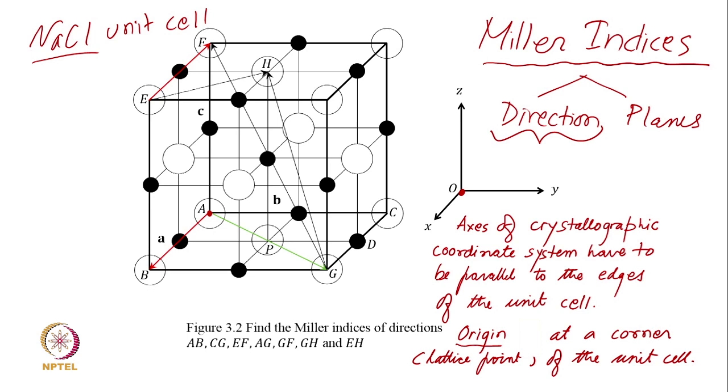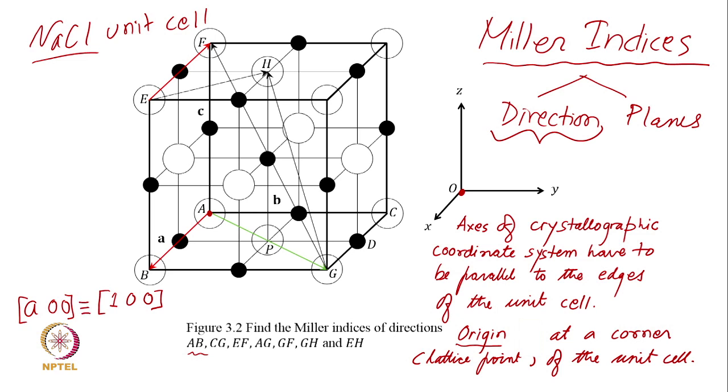So, when I come to figure out the AB direction, then I choose A as origin. If I choose A as origin, then my direction AB is along a. So, the vector AB is 1 0 0. Okay, it is a 0 0 if you want, but we have already defined the fractional coordinate, so we will divide by a.